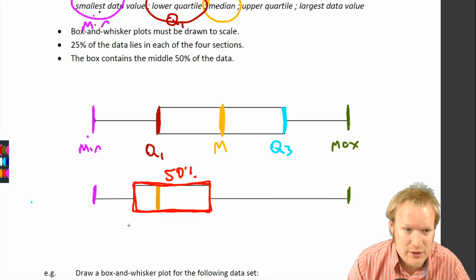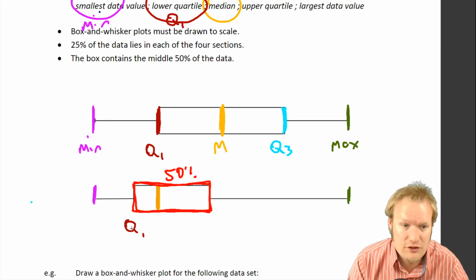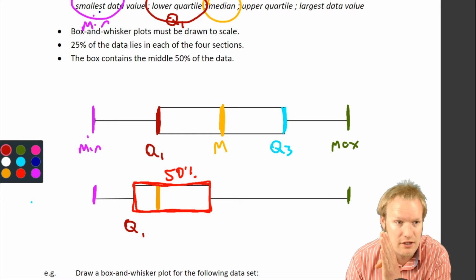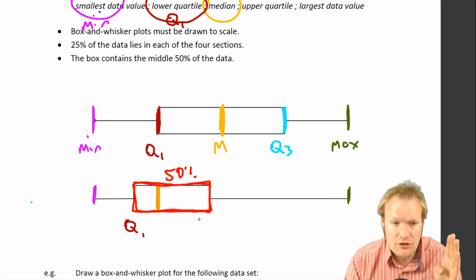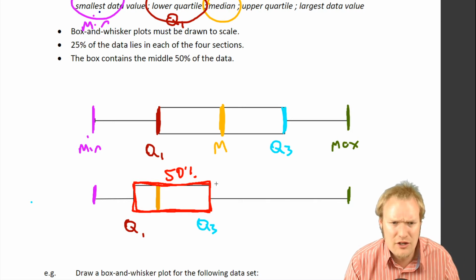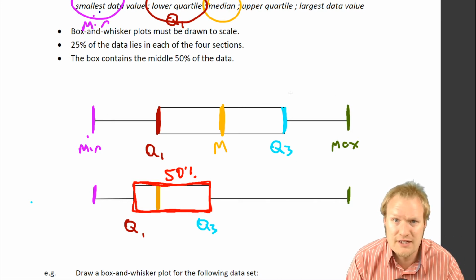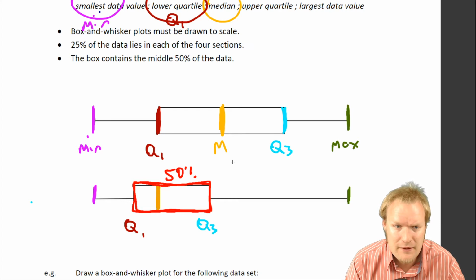So this is between Q1, a quarter way into the data, and three quarters into our data. So half of people are here. So if you compared, if I said this was heights, then 50% of the second group would be shorter than the middle person in the first group. This is what this is saying.